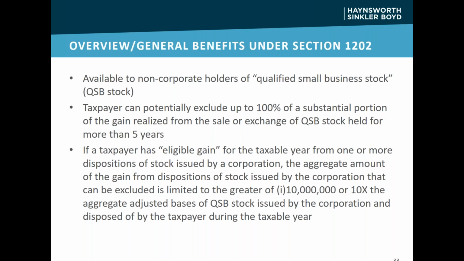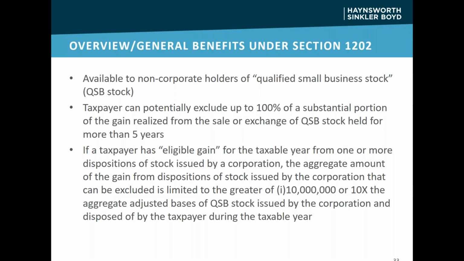All right, so taxpayers who qualify can potentially exclude up to 100% or a substantial portion of the gain realized from the sale or exchange of qualified small business stock that is held for more than 5 years. The amount of the gain excludable from income depends on when the qualified small business stock was originally issued.